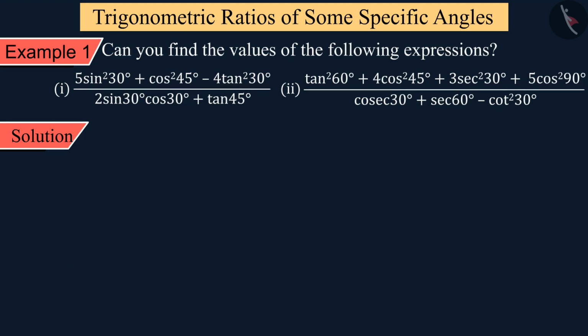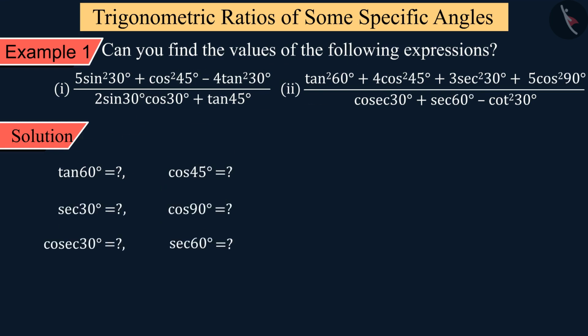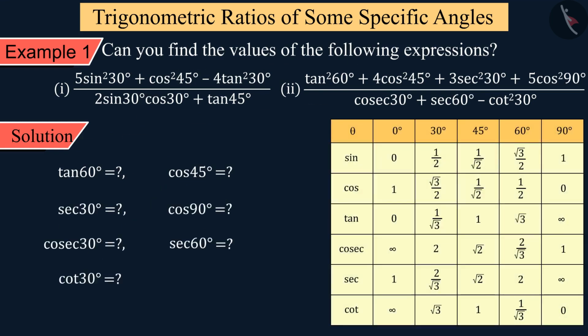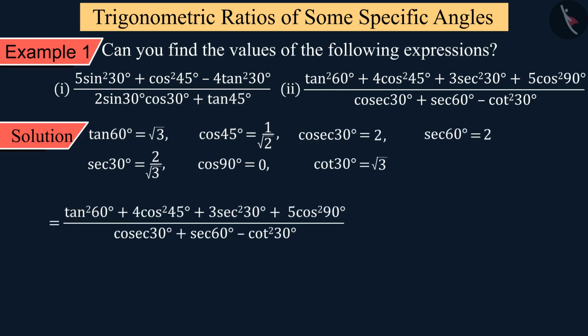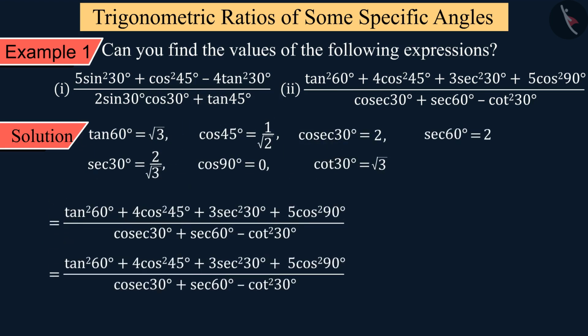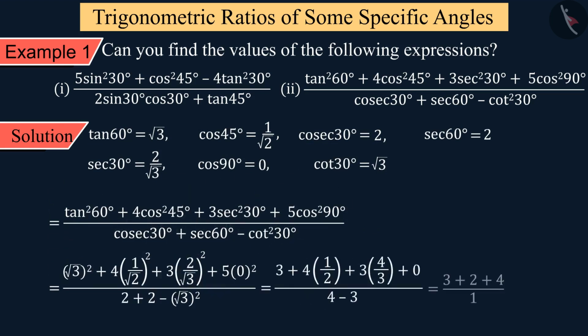Similarly, for the second part of the example, we get tan 60 degrees, cos 45 degrees, sec 30 degrees and all other values with the help of the table, and solve it by putting them in the above equation. This gives the value of the equation, that is 9.